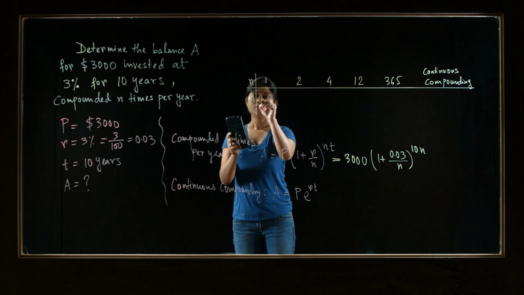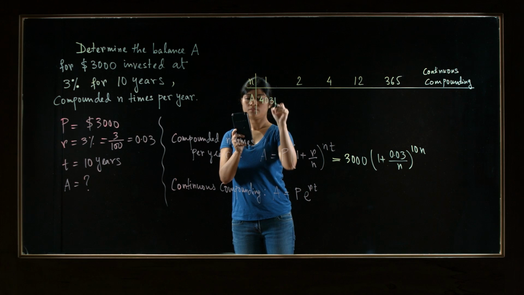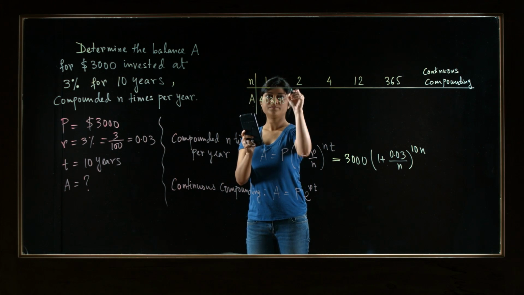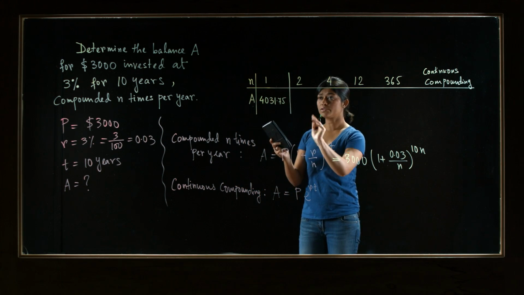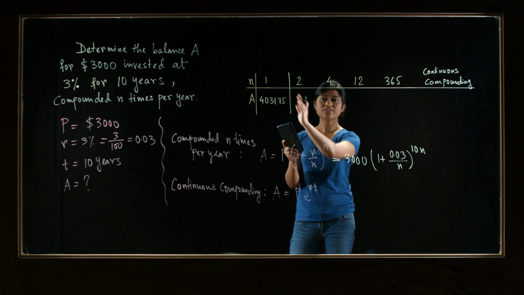And we get 4031.75. And these are all in dollars. The A values are.